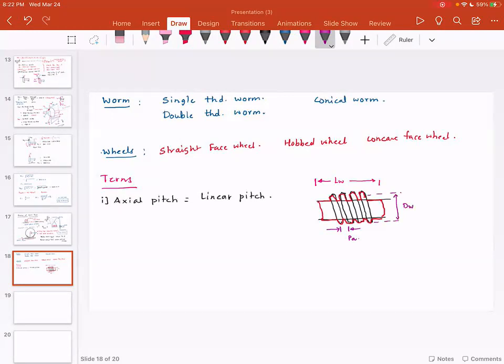Then you will have an outside diameter of the worm. And then you can have the helix angle. So let me write those down. So first you have axial pitch. Then you have the lead, which is the travel in one revolution.